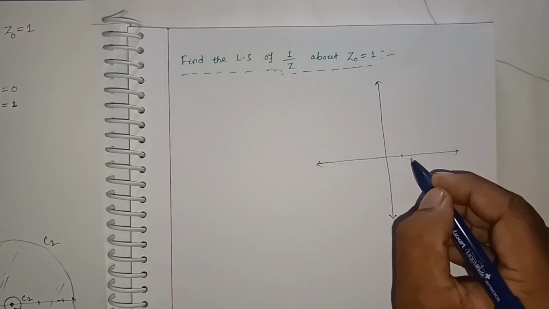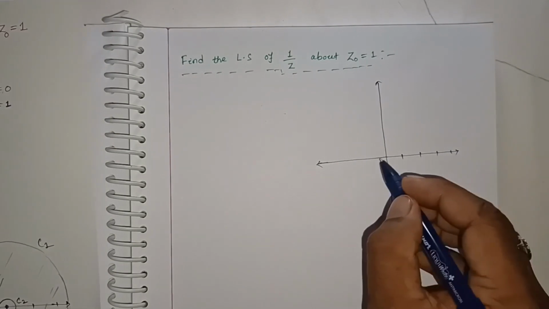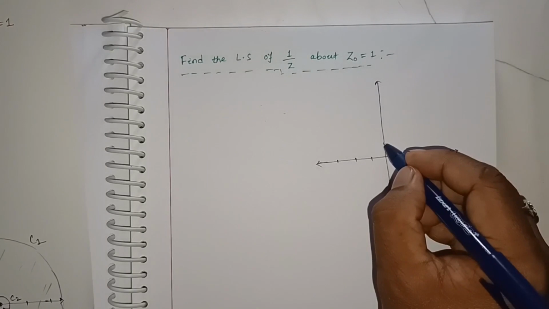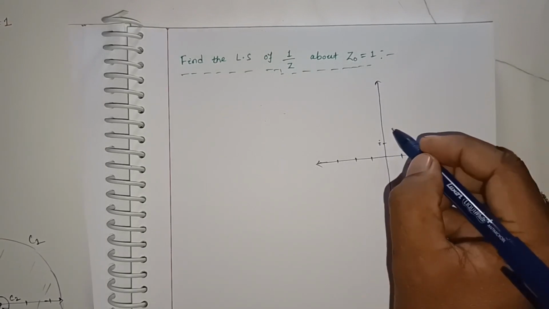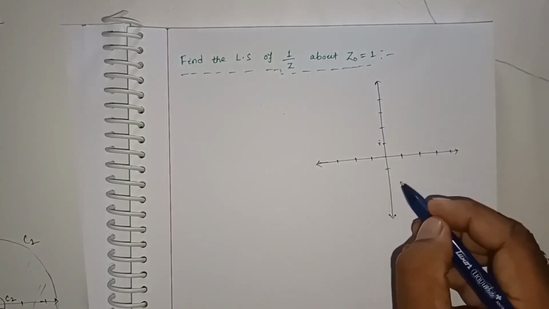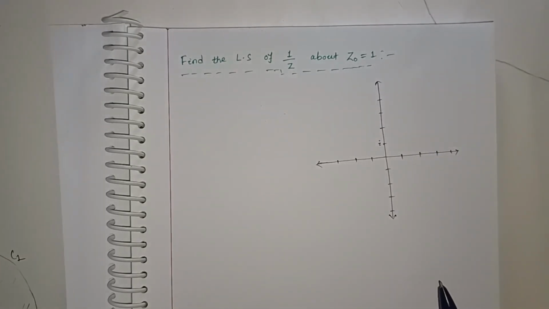So this is 1, 2, 3, 4, minus 1, minus 2, minus 3, and i, 2i, 3i, 4i, minus i, minus 2i, minus 3i. I suggest always draw the figure.